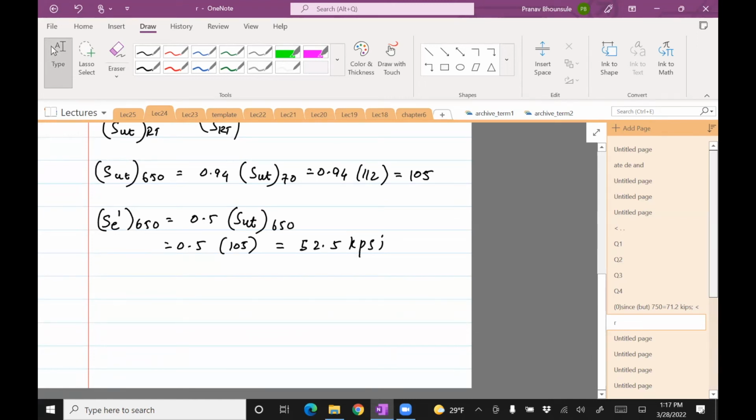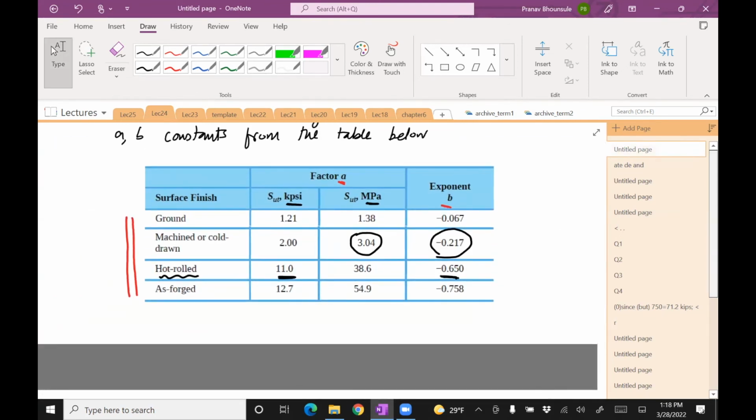Next is Ka. So I just copy it from there. Ka is A times SUT now at 650, sorry, raised to B for hot rolled steel. So that is the table 1.